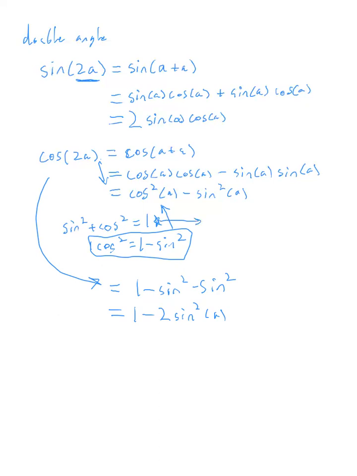But again, if we look at our Pythagorean identity, then this shows us also if we would have subtracted cosine squared from both sides, then I get sine squared is equal to 1 minus cosine squared.